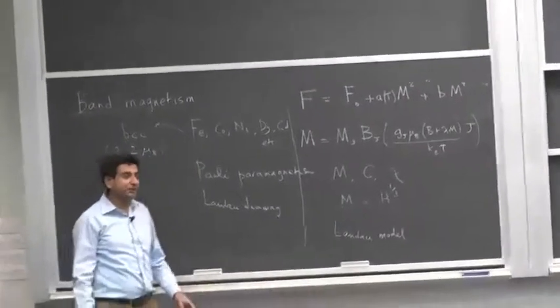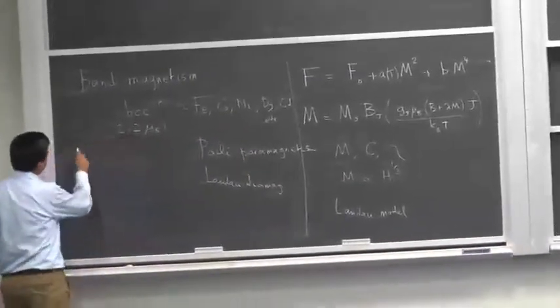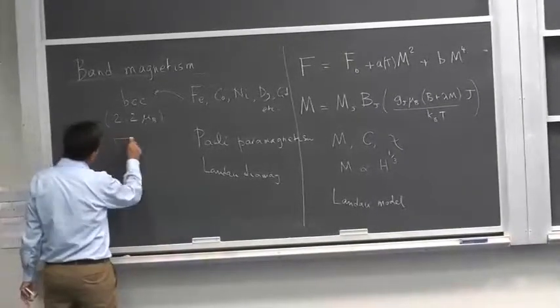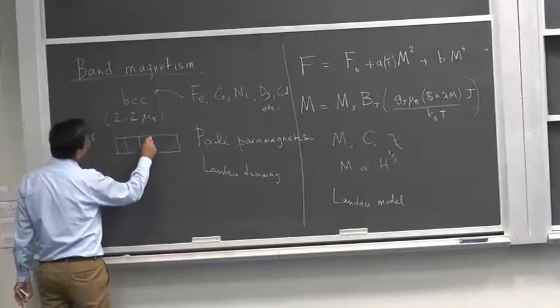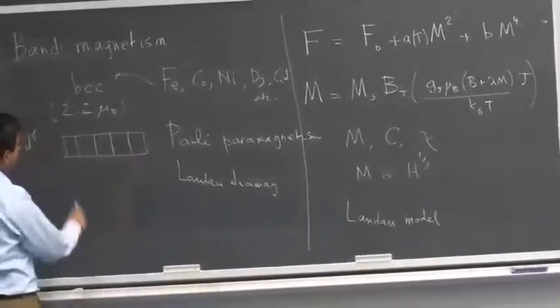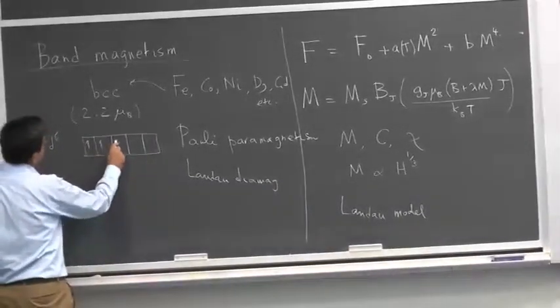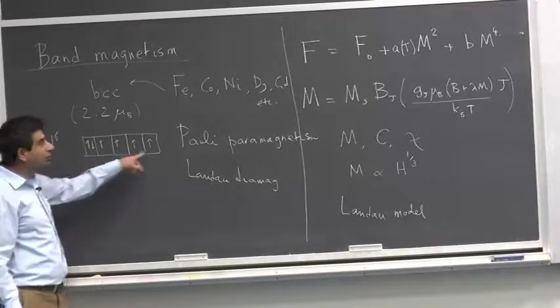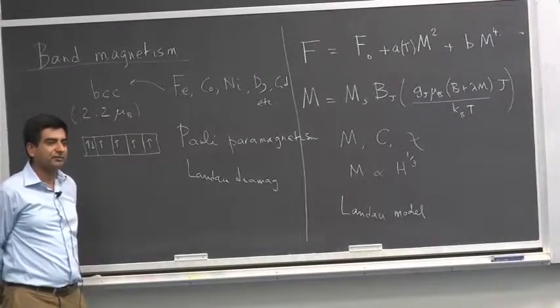Now this looks strange. If you look at an iron ion, it's a 3d6 ion. For this ion, if we use Hund's rule, we'll find that the 6 electrons go into the d orbital like this, and we have 4 unpaired electrons.